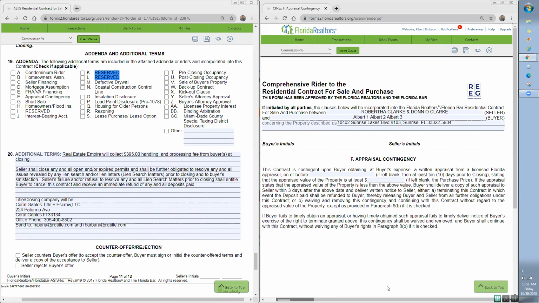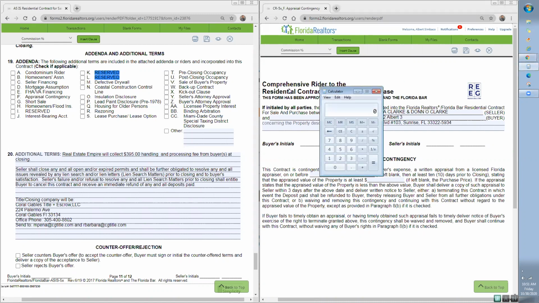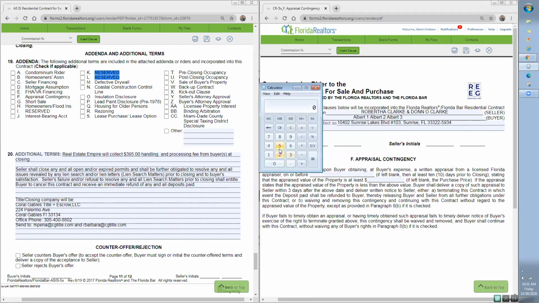Okay, so I like to give an example so you guys can see it. Here's a calculator, right? You guys can write this down and follow along if you want. The property is selling for $250,000, right?